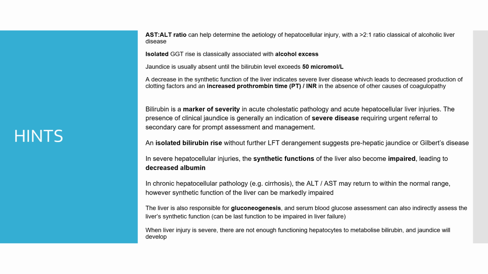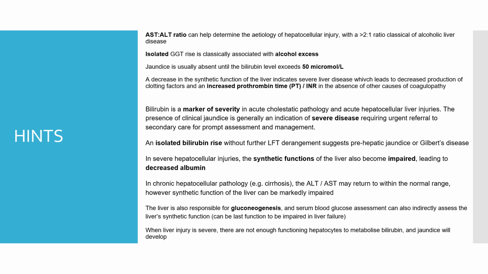Bilirubin is a marker of severity and acute obstructive pathology and injuries, and jaundice means that they've got severe disease, so there's something seriously going wrong with the liver. We can look at an isolated bilirubin rise without a change in LFTs to think about prehepatic jaundice or Gilbert's.